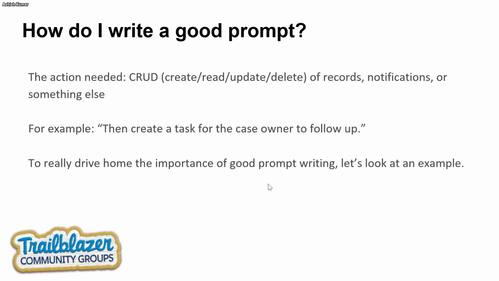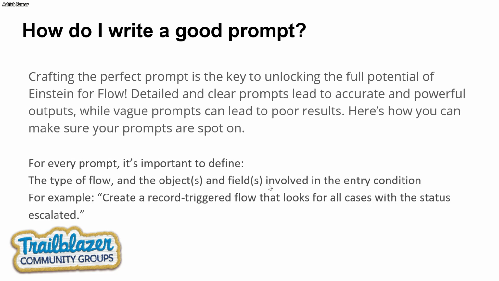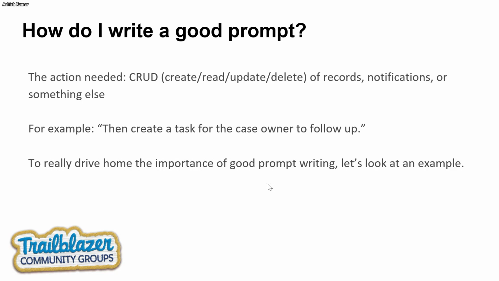The action needed could be create, read, update, and delete operations for a record, a notification, or something else. So two things you need to make sure of. First, the type of flow, like what object, what condition and criteria.